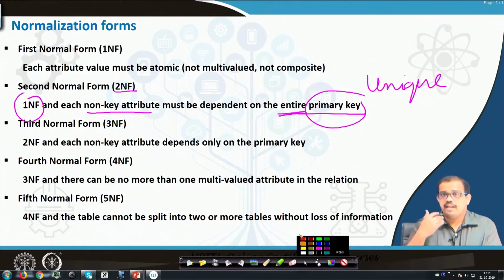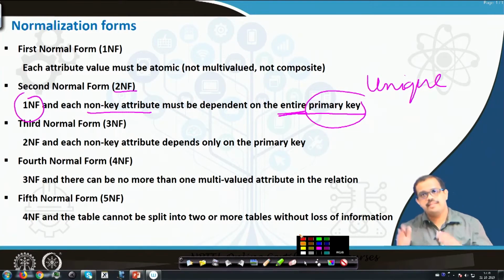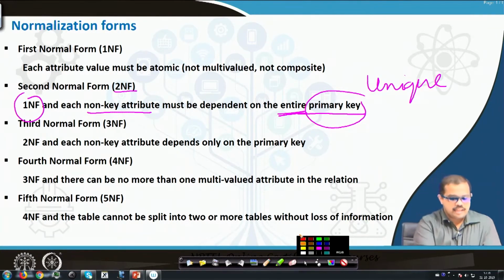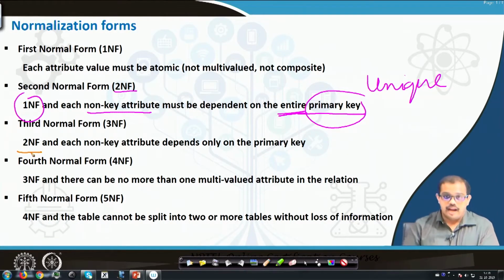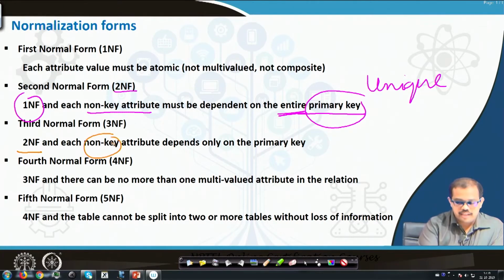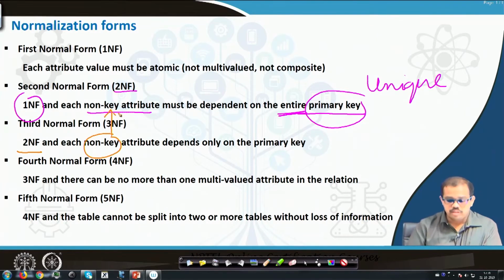Okay, so when I say third normal form, the basic thing is it has to be in the second normal form, right, and each non-key attribute depends entirely on the primary key.